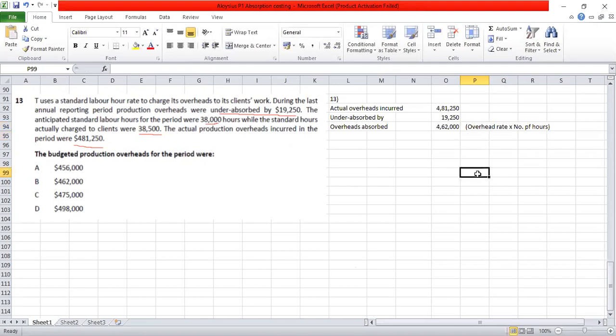So when they have the overhead rate multiplied into number of hours, they would get the amount of overhead.